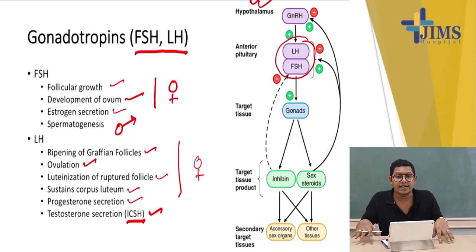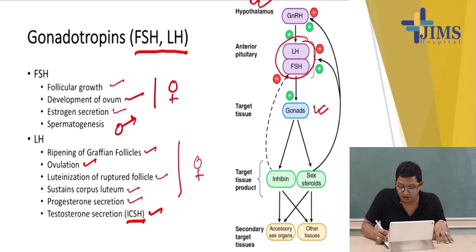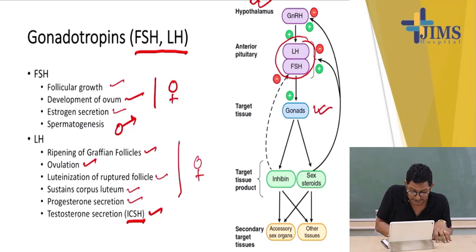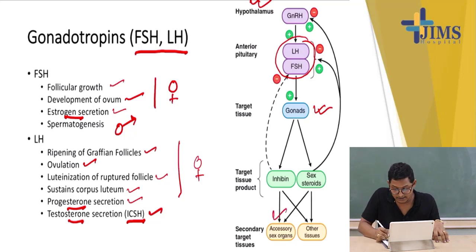This FSH and LH have their direct action on the gonads, as well as they release various sex steroids which act on the accessory sex organs, and these sex steroids send a negative feedback to both the pituitary as well as the hypothalamus.